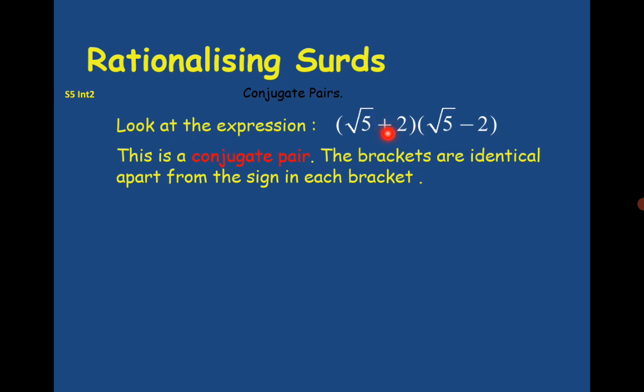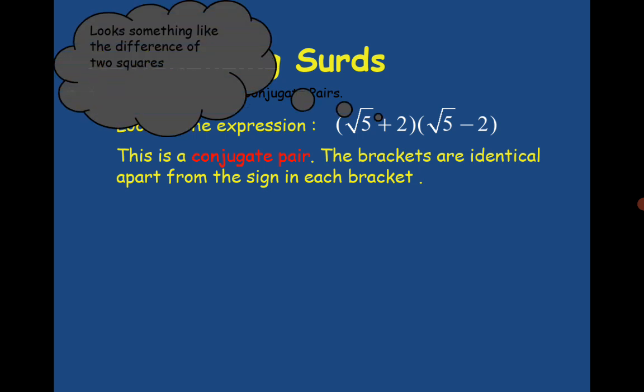The difference between them is one bracket has a minus, the other one has a plus sign. So this looks something like the difference of two squares.